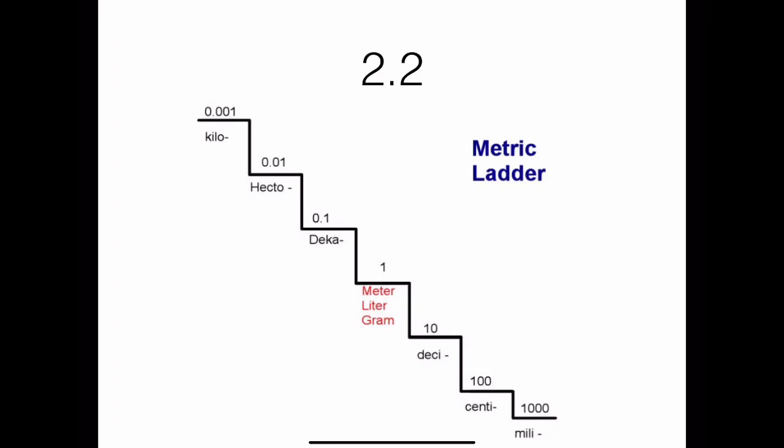So one of the mnemonics used for remembering the metric ladder would look like this. King, Hector, died, drinking, chocolate, milk.